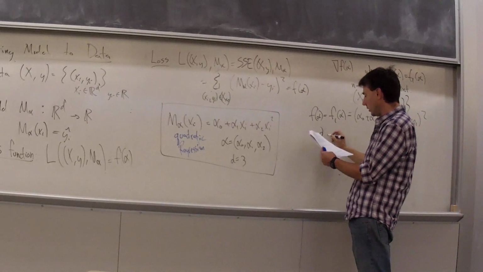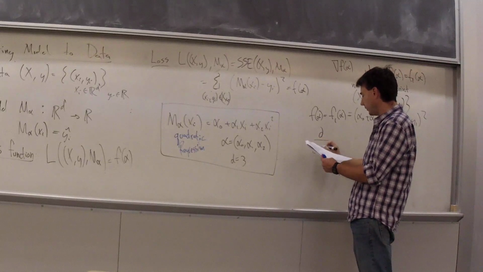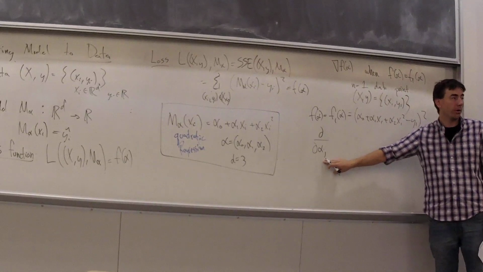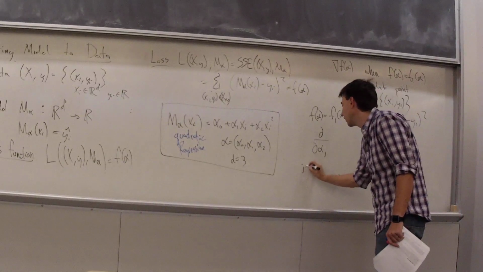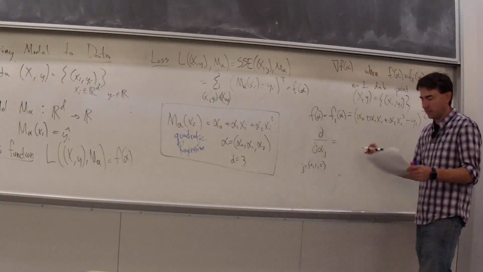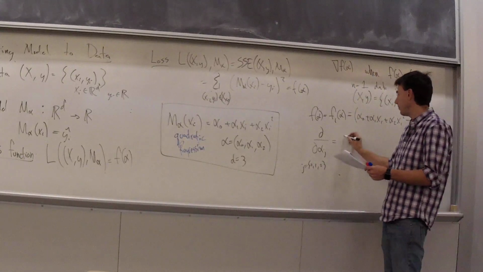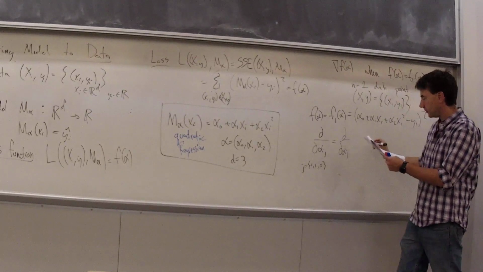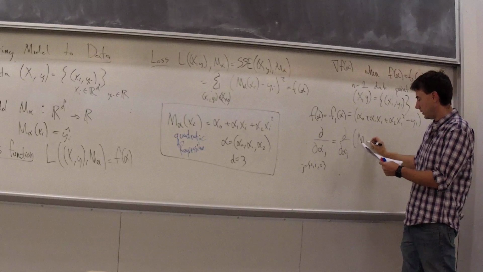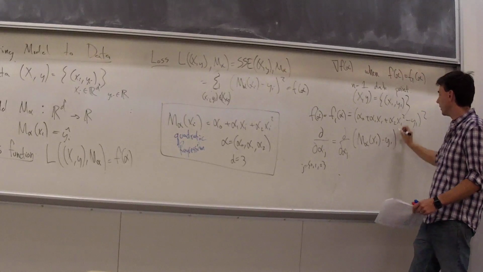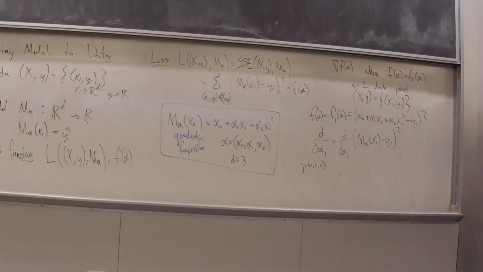So in general, d of d alpha j, where j equals 0, 1, or 2, this is going to be equal to this.